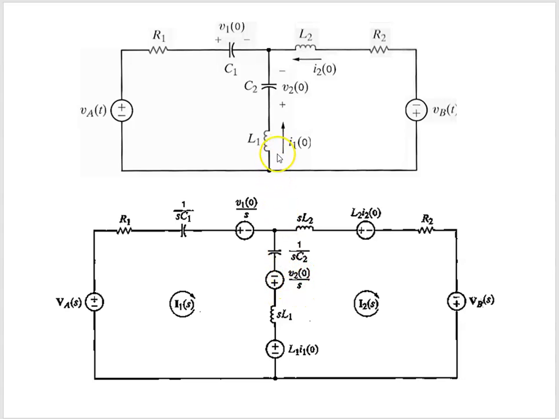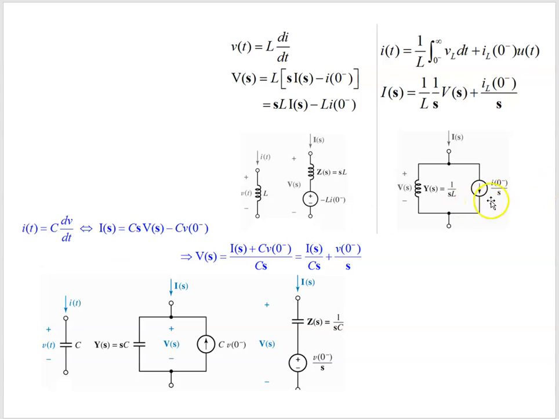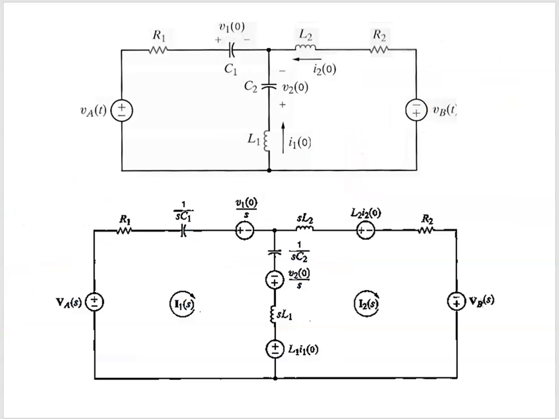For our inductors, if you recall, we had modeled them initially with a plus on the top and a minus on the bottom, negative L i of 0, and that's how we derived it. So when we model this here, we are putting the positive on the top.